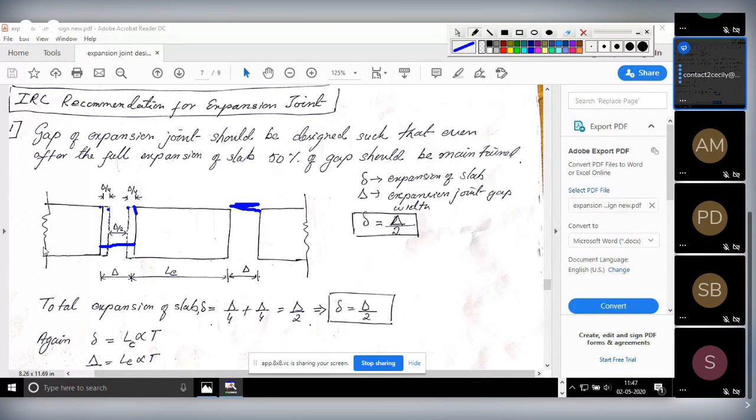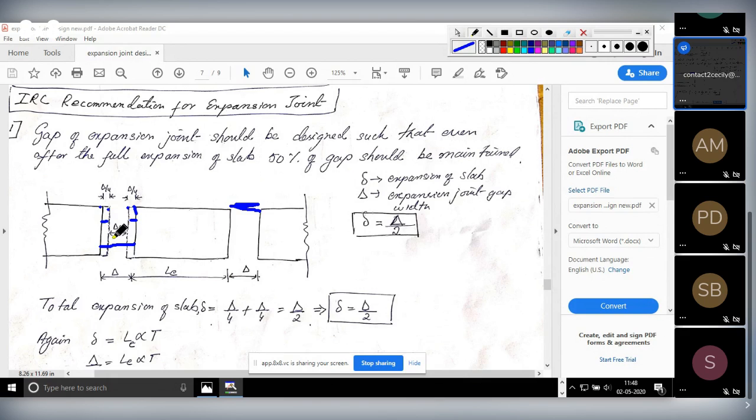That means even after expansion, the gap between the two must be delta by 2, that is 50% of the gap. The gap was delta. Even after expansion, there must be some gap between the slabs, that is 50% of delta, that is delta by 2.